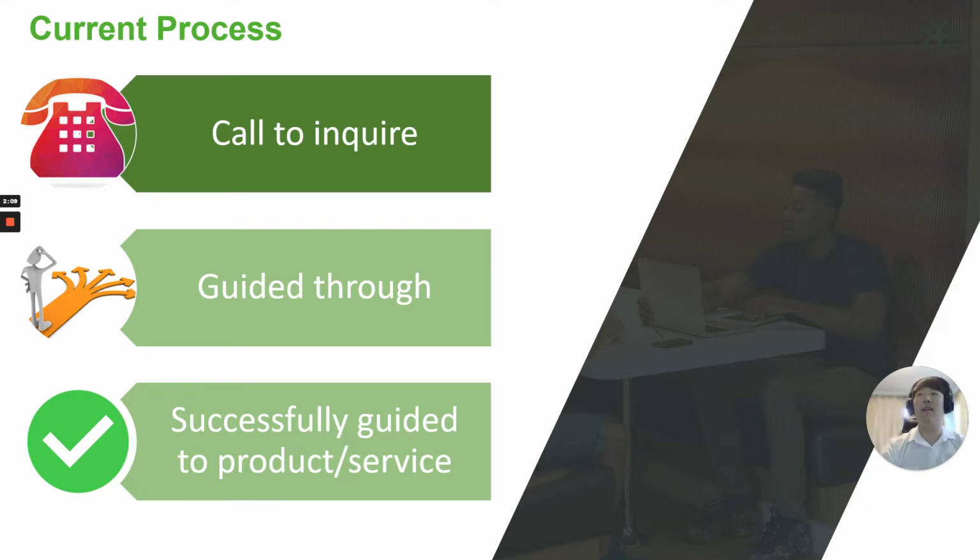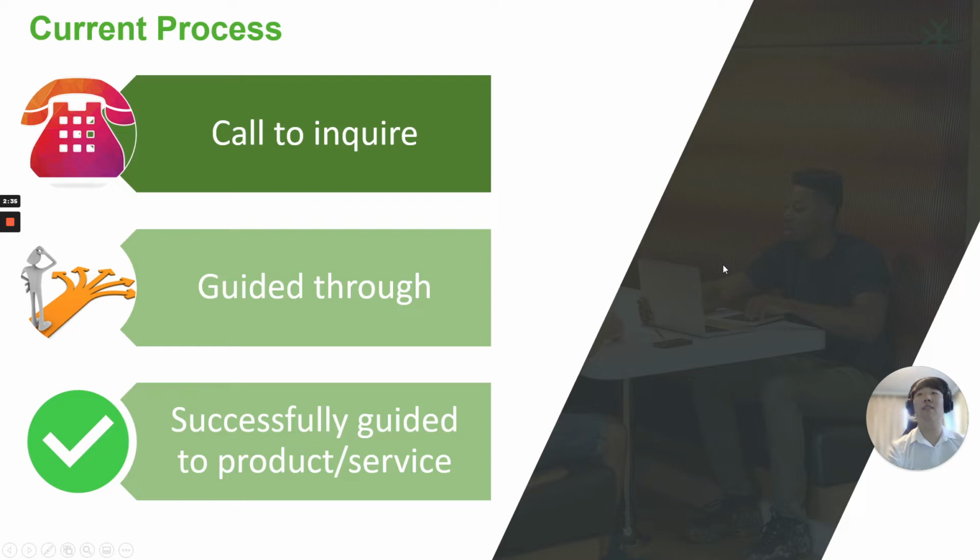If the client is a household with only two people and they don't need fast connection, might be guided through to just a standard ADSL connection. But if the household was full of teenage boys and they know that they're going to be gaming a lot, then they might be guided through to a product more suited for them, such as fiber. And once that's done, they're successfully guided to the product that matches their needs and wants.